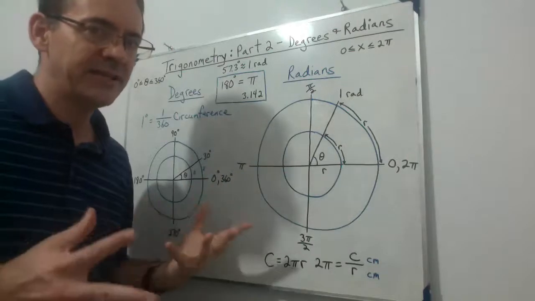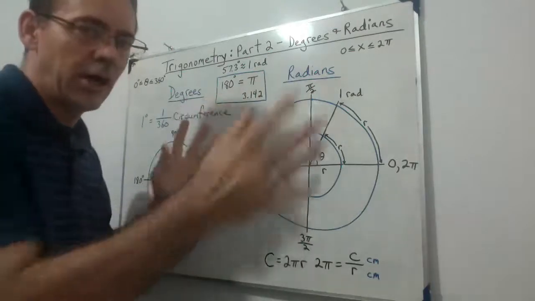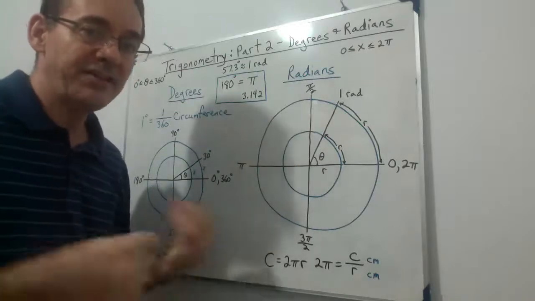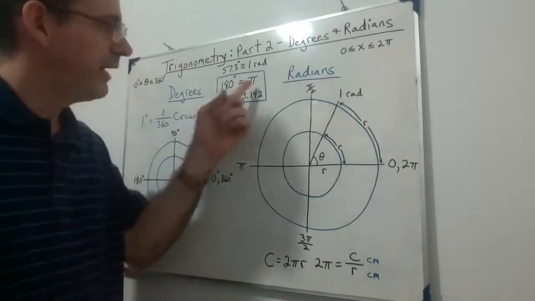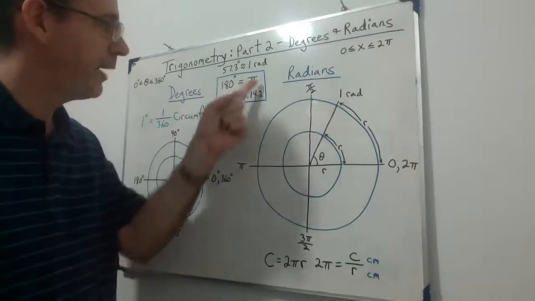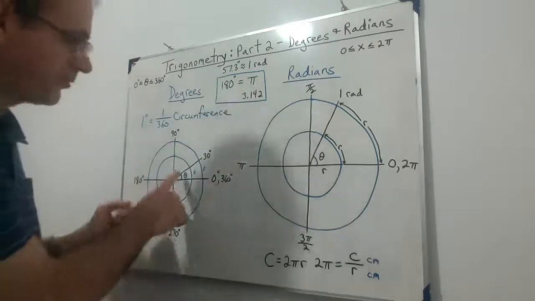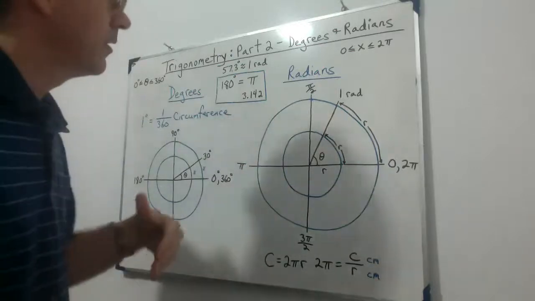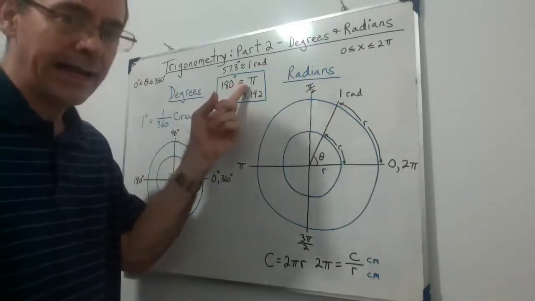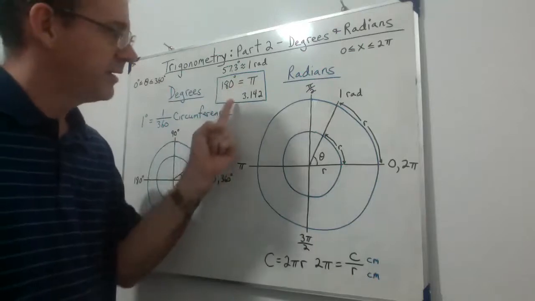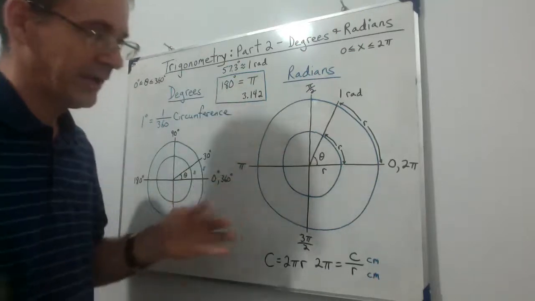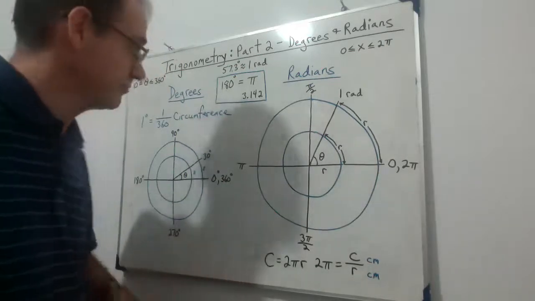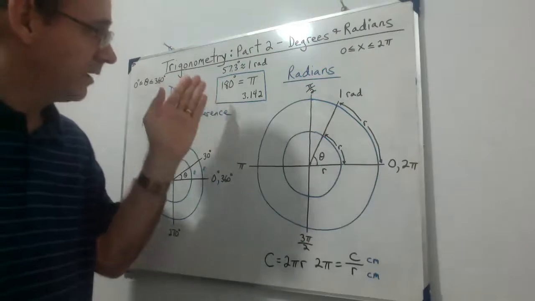So instead of having this long decimal number, it has been designated a Greek letter, the Greek letter pi. So just like we use the Greek letter theta to represent the angle rotation, we use the Greek letter pi to represent a half of a circle. Hence, 2 pi represents a full circle.